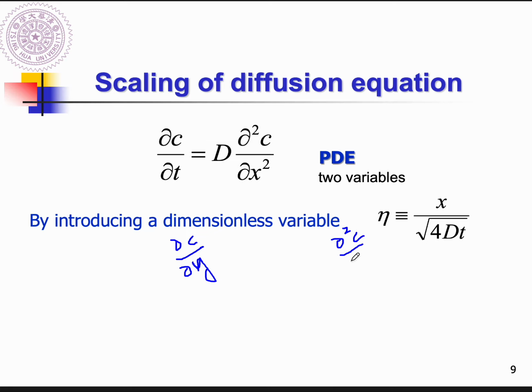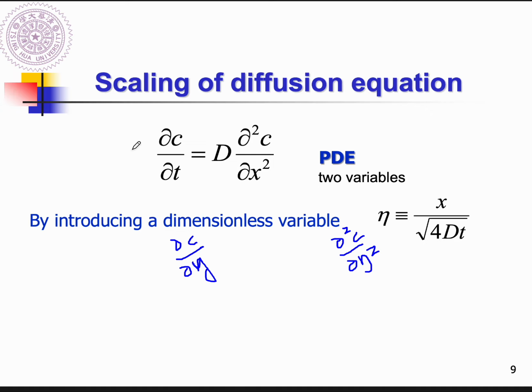So the idea here will be like this way. Based on this, we will successfully convert this partial differentiation equation with two variables to an ODE, ordinary differentiation equation with one variable eta.